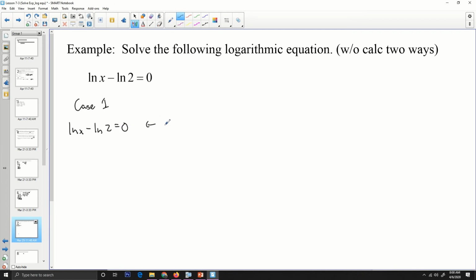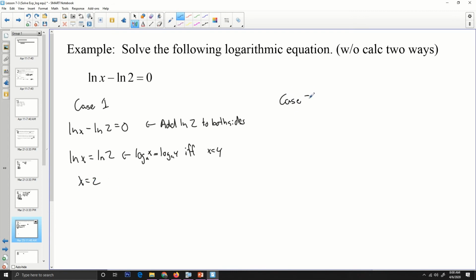And I'm going to add ln 2 to both sides, and I'll have the ln of x equaling the ln of 2. Then I can use the property where log base a of x equals log base a of y if and only if x equals y. So we can just go x equals 2. That's a pretty easy way to do it.